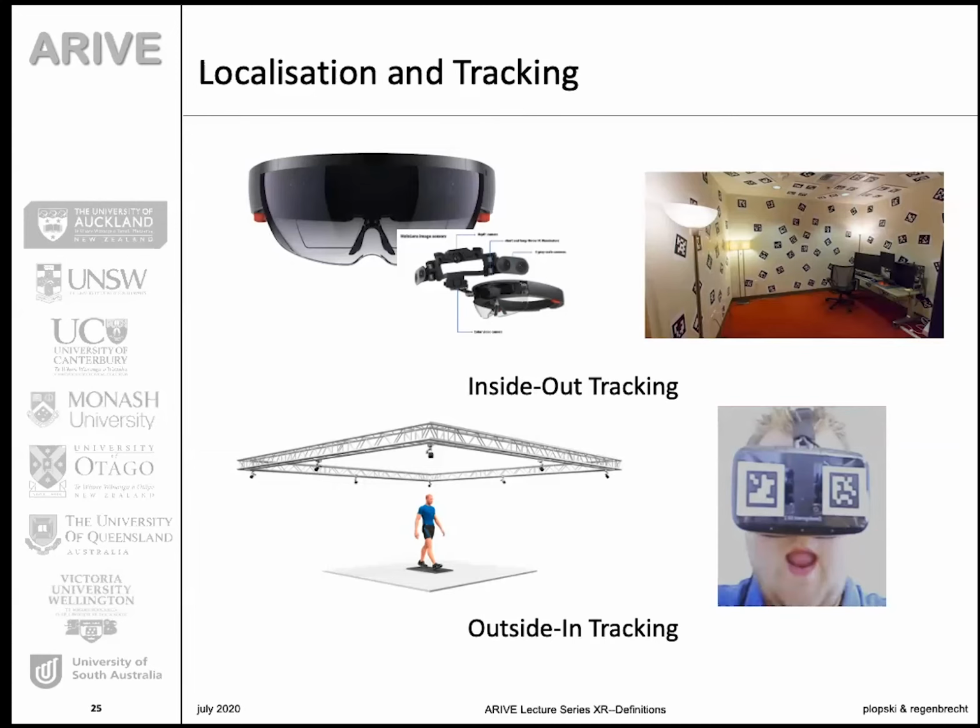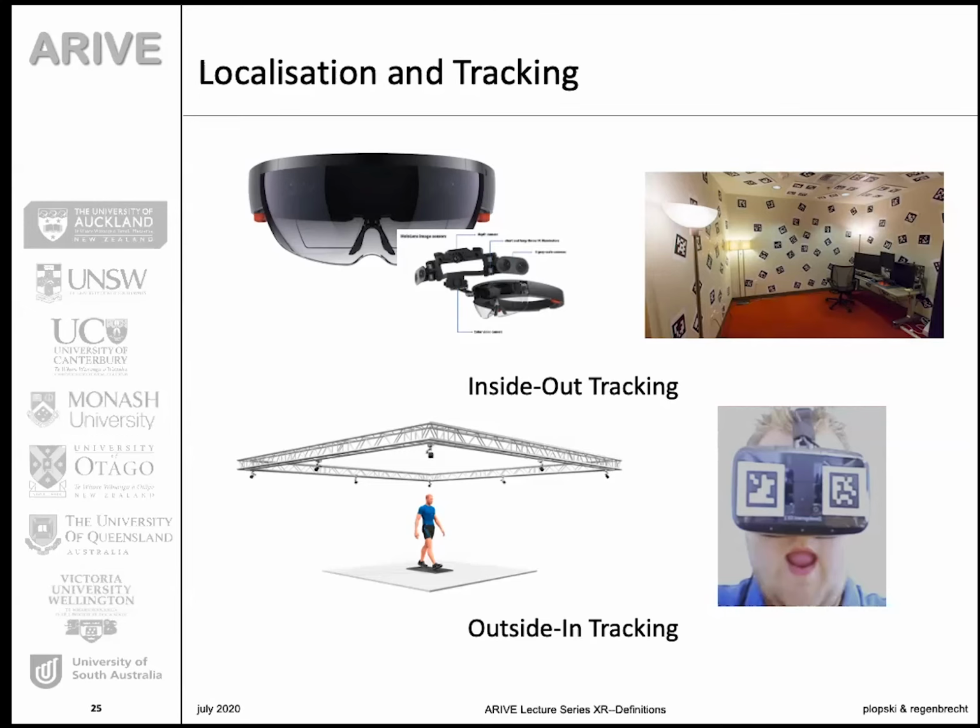We could also do the same, not just with SLAM, but also with fiducial markers. We can place a lot of markers all around the building and then track the user as he is going through the different floors or the different rooms by detecting each of these markers. Again, the sensor in the user's head is detecting the marker, so it's inside-out tracking.